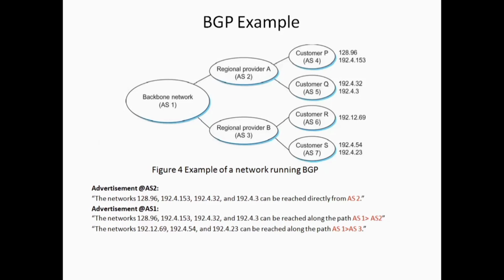Similarly, it could advertise that the networks 192.12.69, 192.4.54, and 192.4.23 can be reached along the path AS1, AS3.